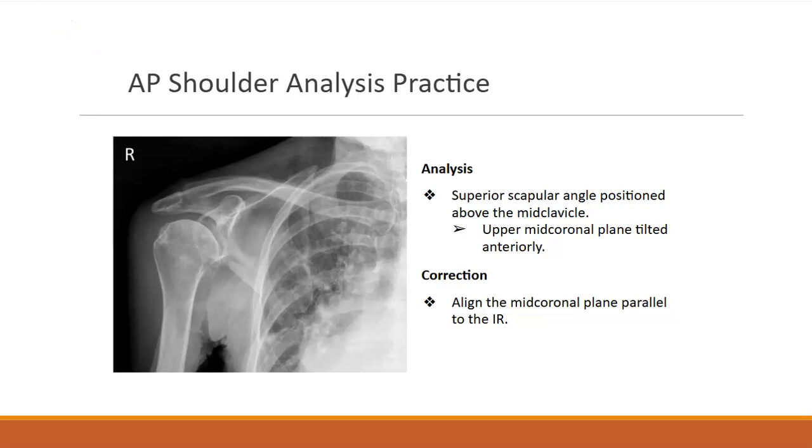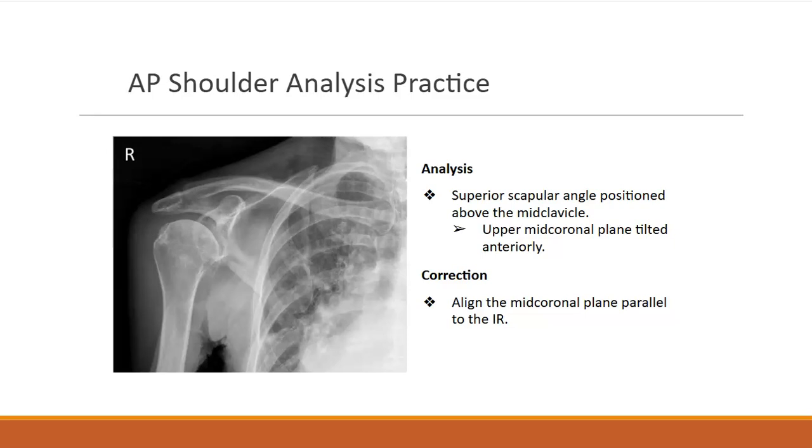Next, you want to determine whether we have any rotation or plane tilt. When identifying rotation, we want to look at the medial clavicular end and determine whether it is in alignment with the vertebral column. In this case, it is, and therefore we have no rotation.